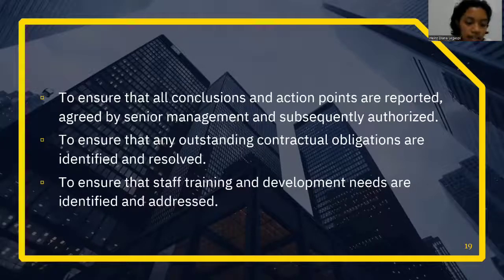This is to guarantee that any unfulfilled contractual commitments are found and fulfilled. And the last one is to ensure that staff training and development needs are identified and addressed. This is for the purpose of identifying and resolving staff training and development needs.